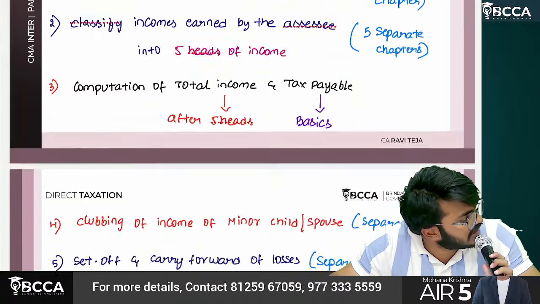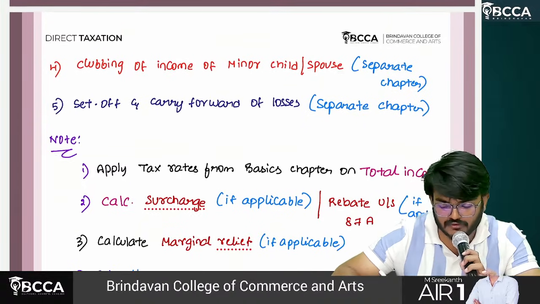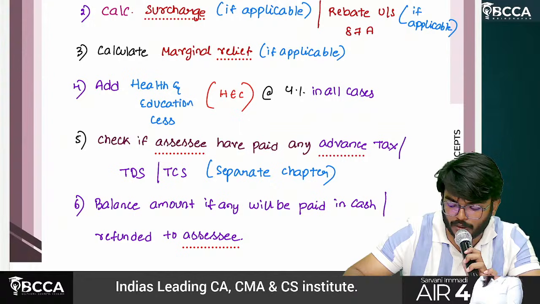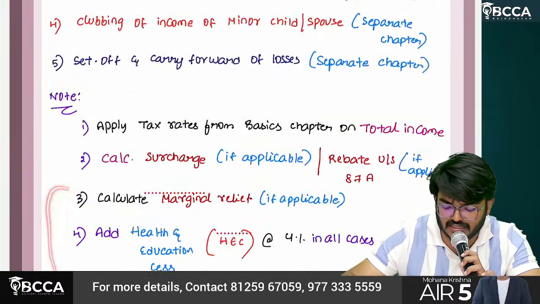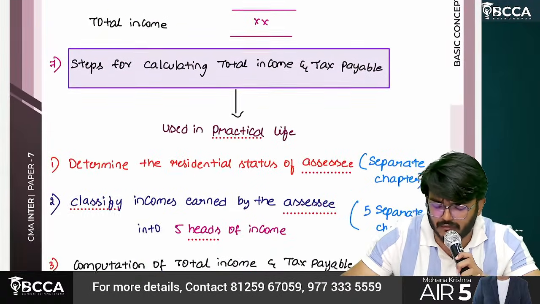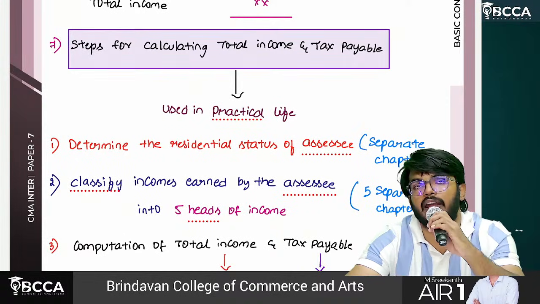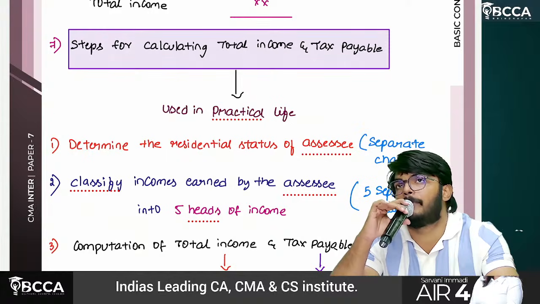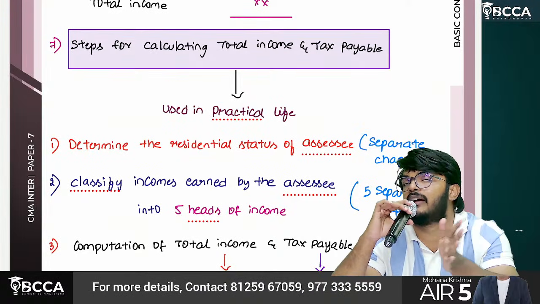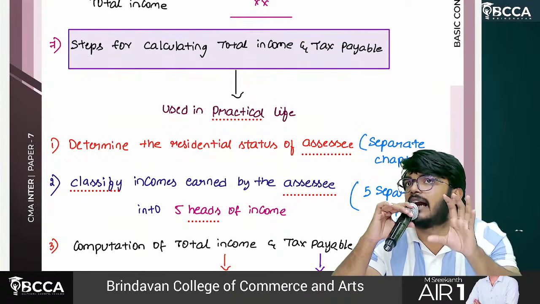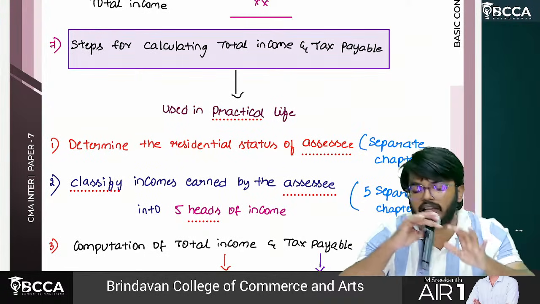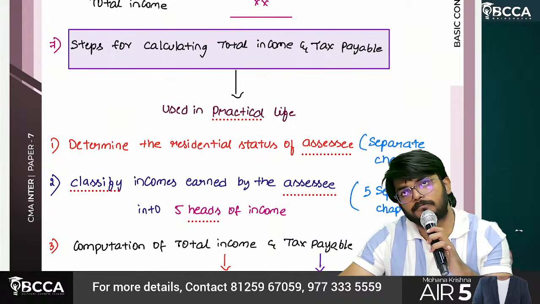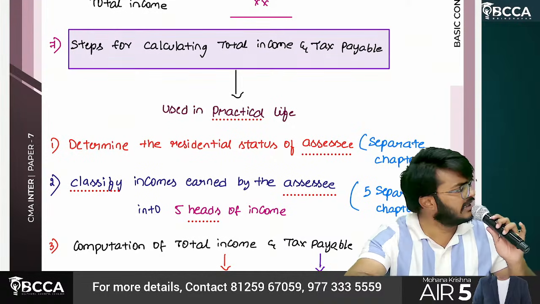First read these 5 steps we have discussed, and then read this note point also. 6 points we have covered, so please revise these 6 points for 2 minutes, then we will continue with the next part. Very important: you will not get 100% clarity now, because everything has a separate chapter. But from the start we have to understand whatever we will cover in our whole syllabus. Please revise for 2 minutes, then we will start.